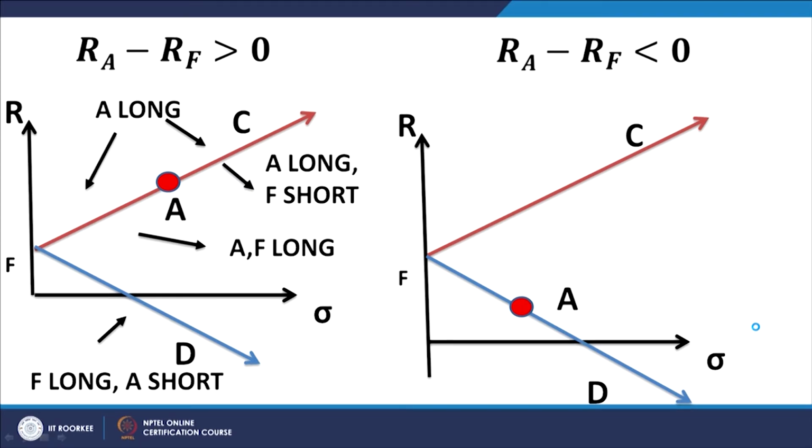As far as identifying the portfolio composition along the various segments represented in this figure, the portfolio would lie in the region AF if both A and F are long.